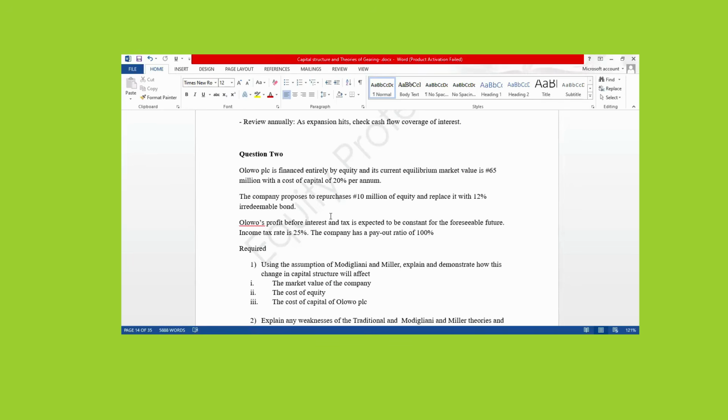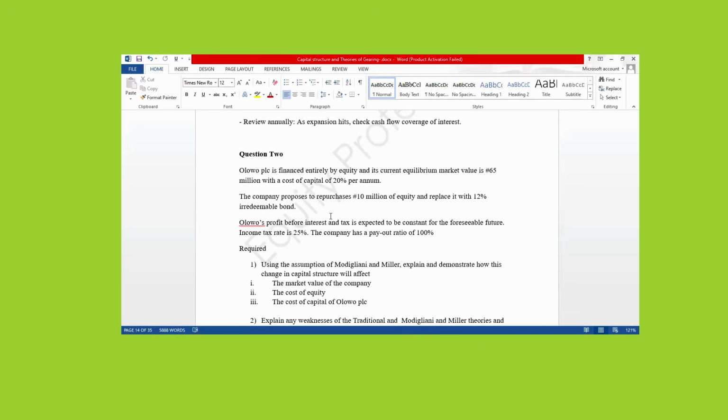It proposes to repurchase, that is, we are going to buy back equity that was 10 million naira. And you are going to replace it with debt, a bond. The bond is 12%. 10 million equity, then you're also going to replace it with 10 million debt.